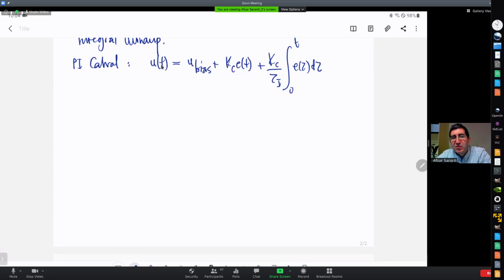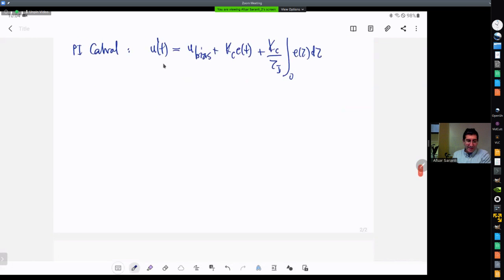The input will remain saturated. Because of this large term, it's going to take a while for the negative error to bring this large sum below a certain value, the actuator saturation value. Okay, so I'm going to try to illustrate this and then write that down.